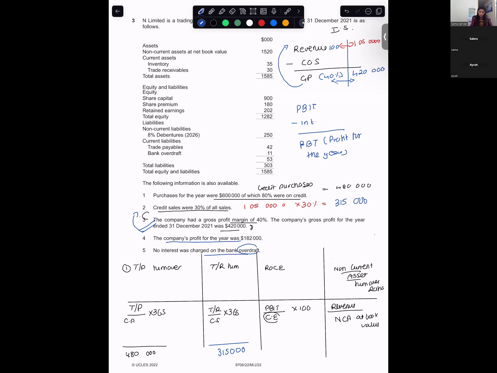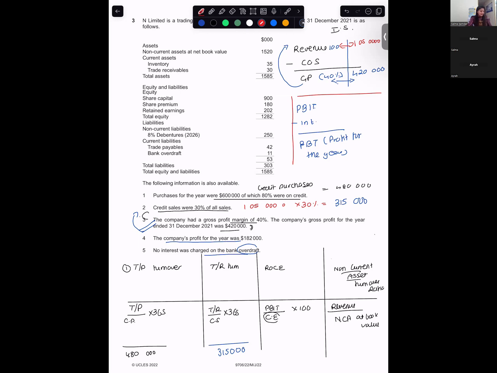Okay, so now we'll have to minus the interest. So profit for this was 182,000. Profit before interest and tax or profit for the year? Profit for the year.